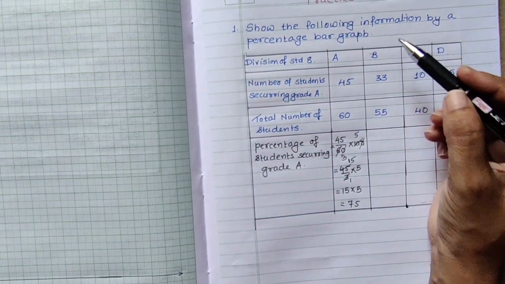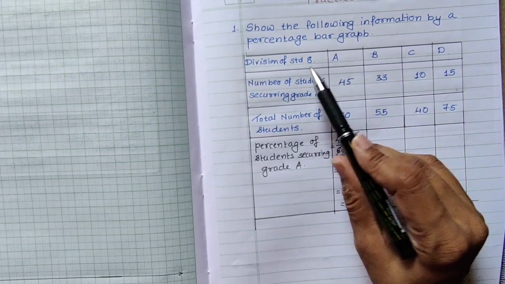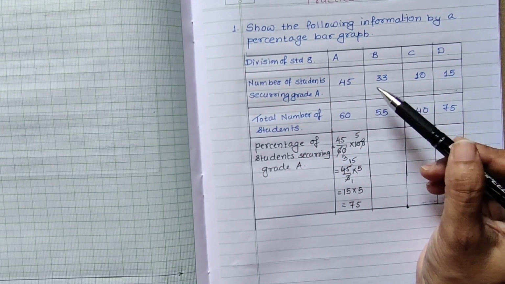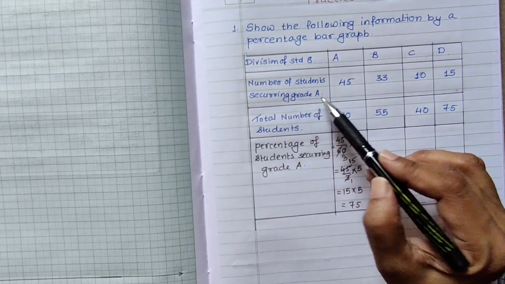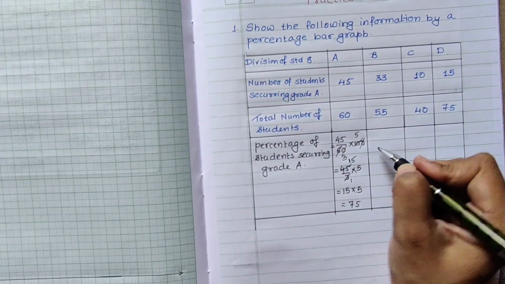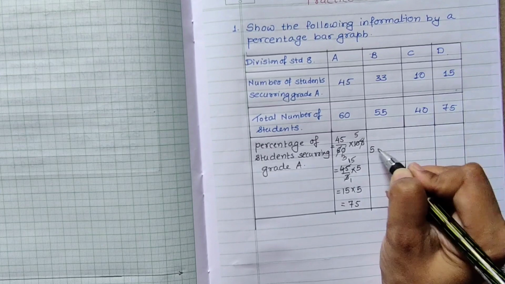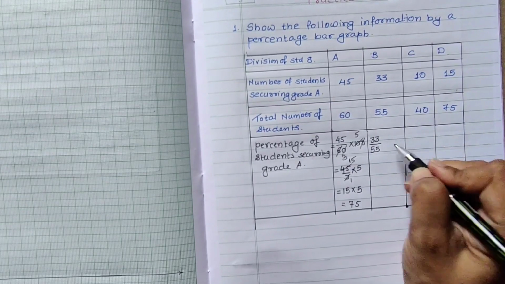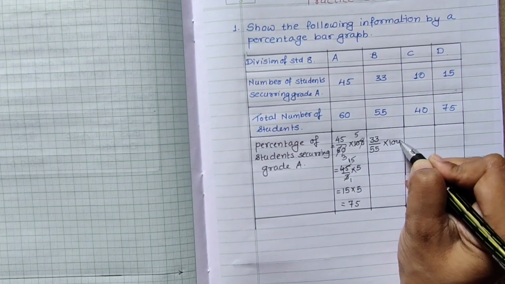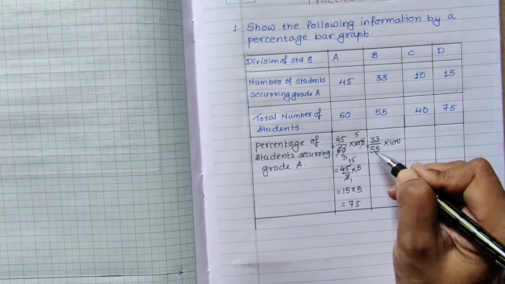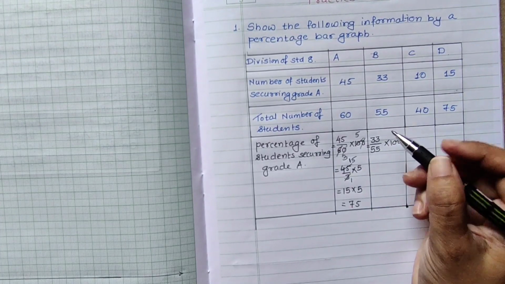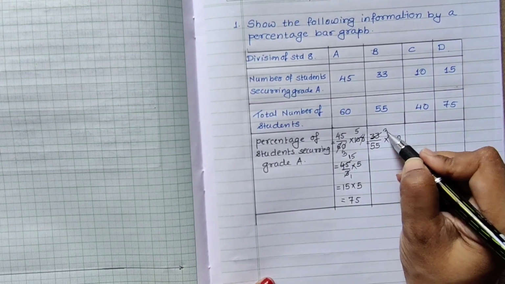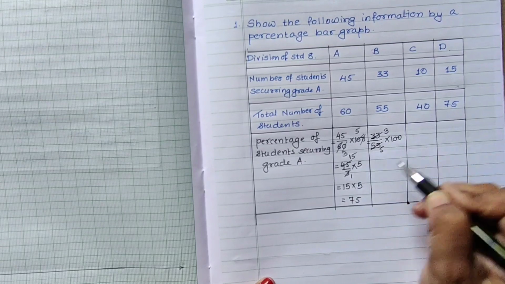So now for the second division, that means division 8B, out of 55, 33 students have secured grade A. So that means 33 upon 55, and multiply by 100. Now as we can see, these two numbers 33 and 55, immediately we can cancel it by 11. 11 3s are 33 and 11 5s are 55.